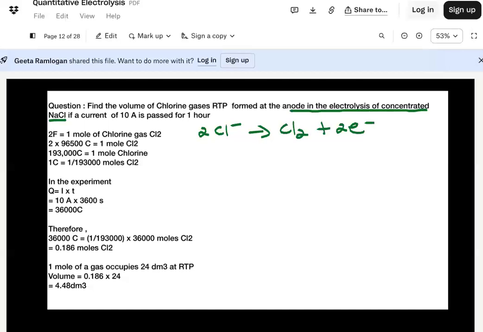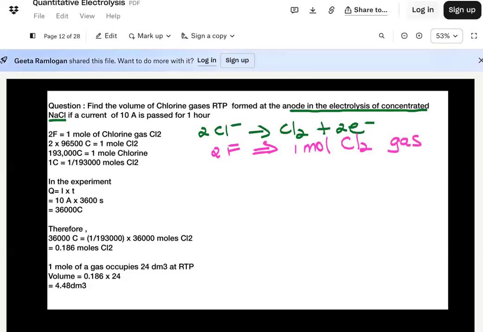We're doing this one. Find the volume of chlorine gas formed at the anode. Right, how many Faradays to 1 mole of chlorine? Don't look at the answer. Yes, good guys. 2 Faradays will produce what? 1 mole of Cl2 gas.